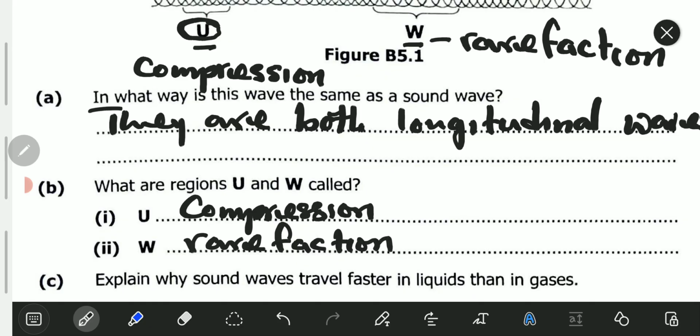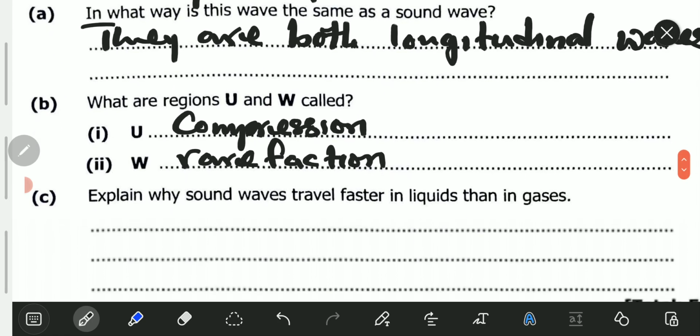The most common mistake made on rarefaction is that people say rarefraction, putting an R between the F and A. There is no R, it's rarefaction. So we've got the compression region and the rarefaction region.